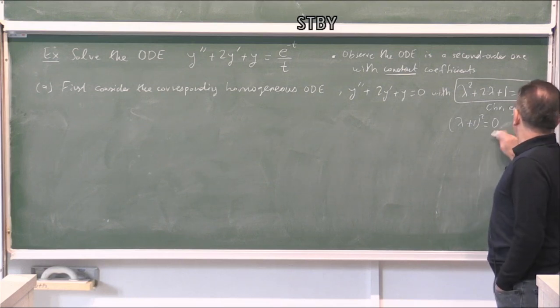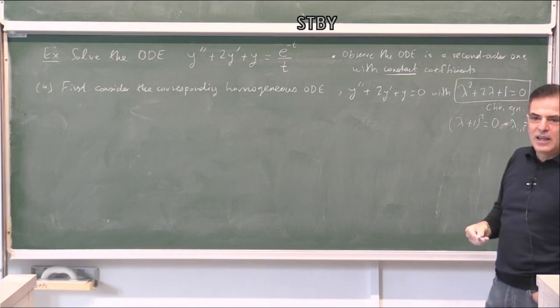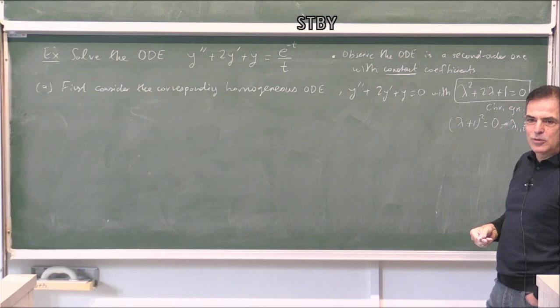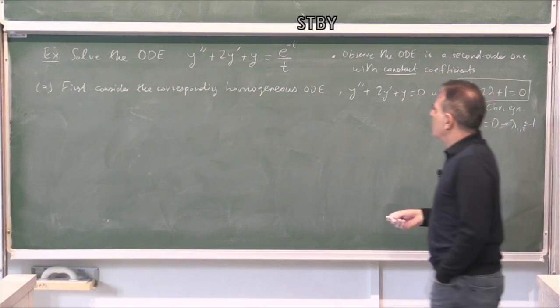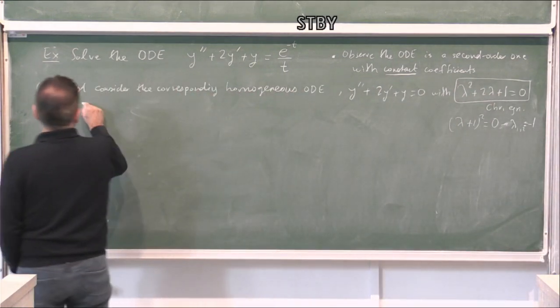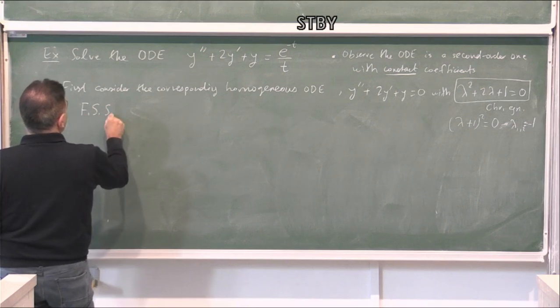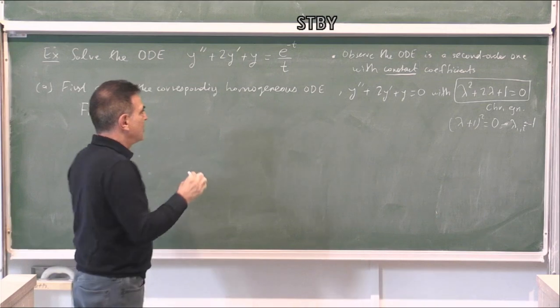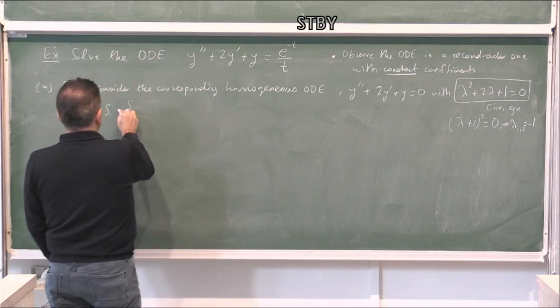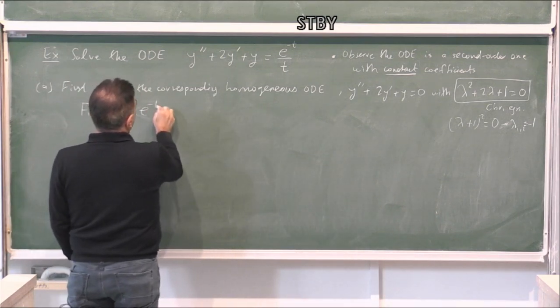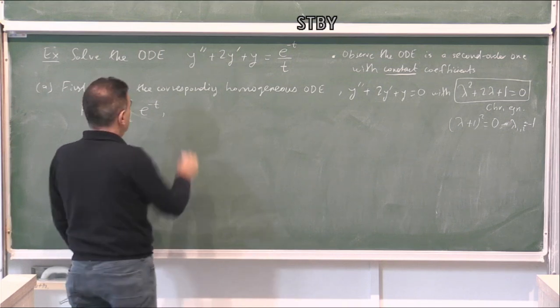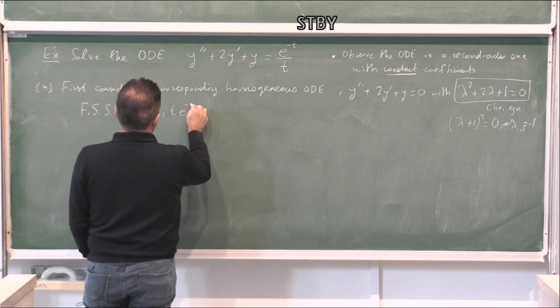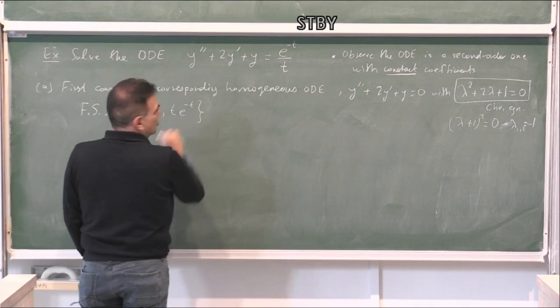So lambda 1, 2 is minus 1, a repeated root or a double root. Okay? So fundamental set of solutions. This is the third case where we have a double root. So e to power minus t is a solution, and t times e to power minus t is another solution.